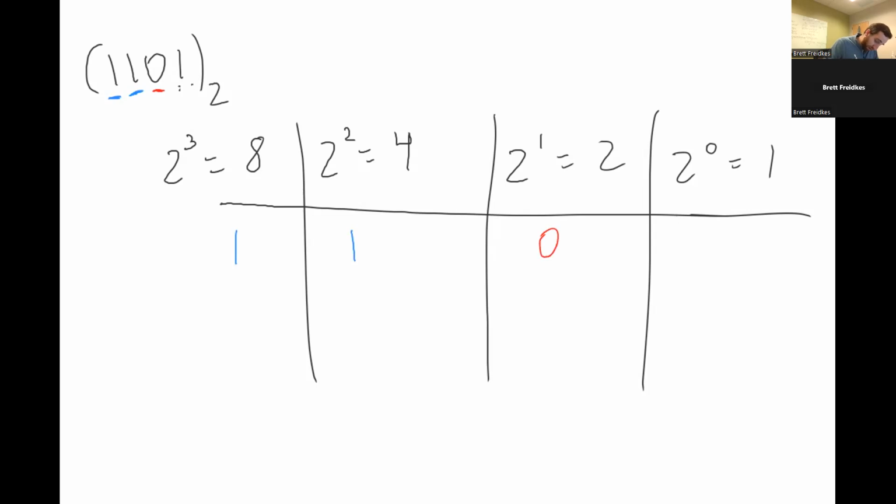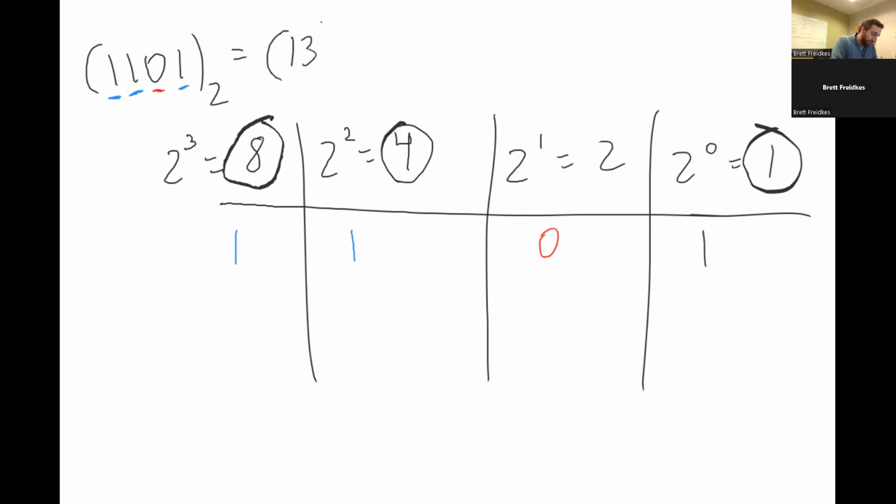According to my binary number, I do. So what we'll do is literally add these numbers up, the ones that we have a group of. And this is the number 13 in base 10. Again, I'm writing an equal sign here because they are equivalent. Just the receiving end of the conversation interprets them differently.